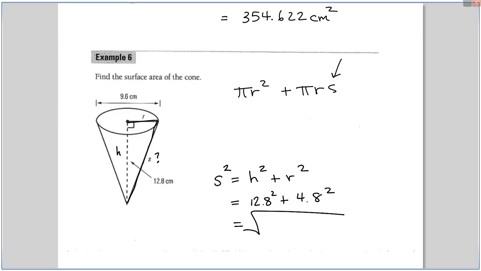You guys know where the square root button is on your calculator? Okay, I got like 13.67 for the slant.